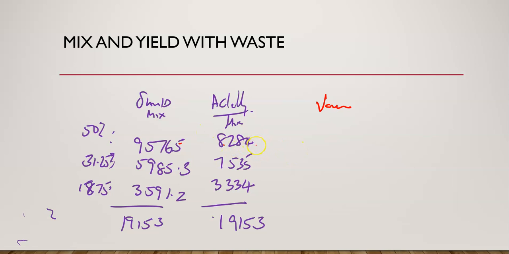The difference is 9576.5 minus 8284, which comes out at 1292.5.